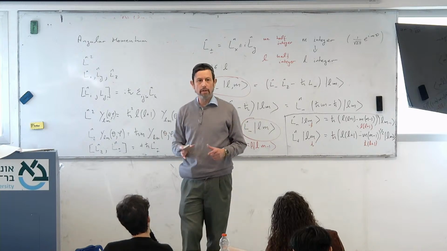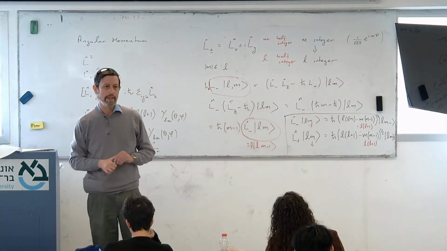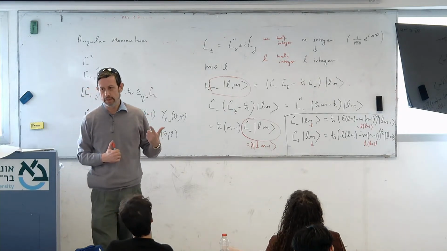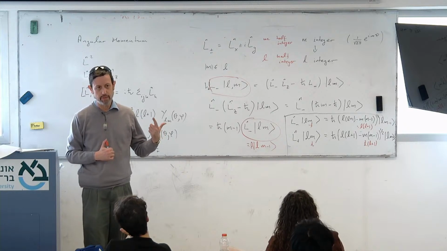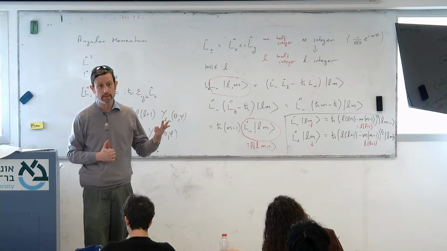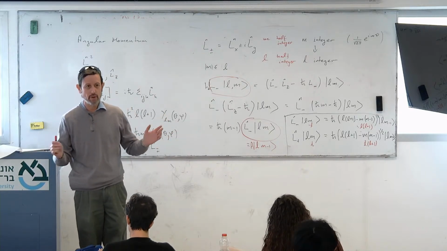So all numbers connected with angular momentum are integer, while for spin they could be half integer or integer. It's bosons or fermions, and that's all we have.